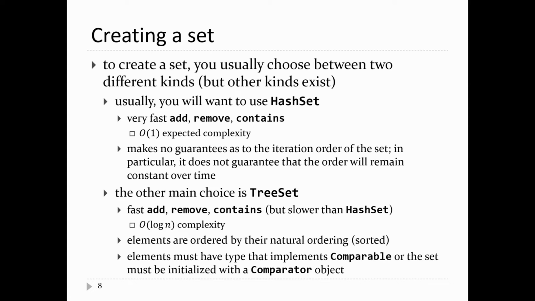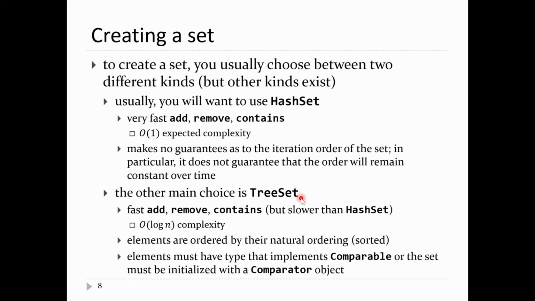Now the problem with hash set is if you iterate over the elements of the set, you have no idea what order the elements are kept in. If you add or remove elements from the set and then you iterate again, they might come out in a different order. So there are no guarantees to the iteration order of the set. If you modify the set, the iteration order can change.